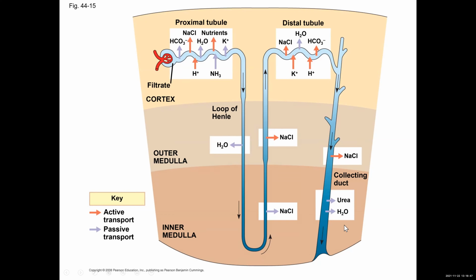And so if we were going to take this live, fresh kidney and take a bite of it, it would be really salty on this internal part, right? So we're doing active work to put salts into this tissue here, and that is going to allow us to suck the water out of the collecting duct if we need to, right?